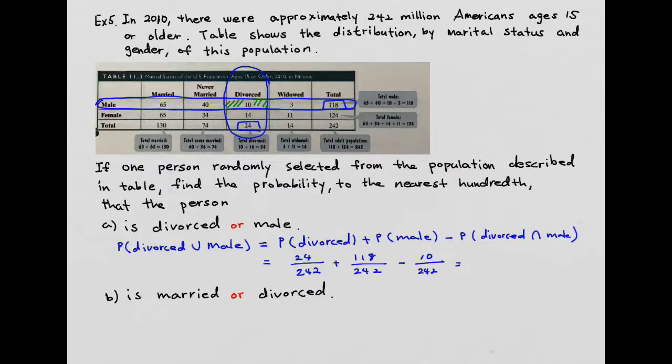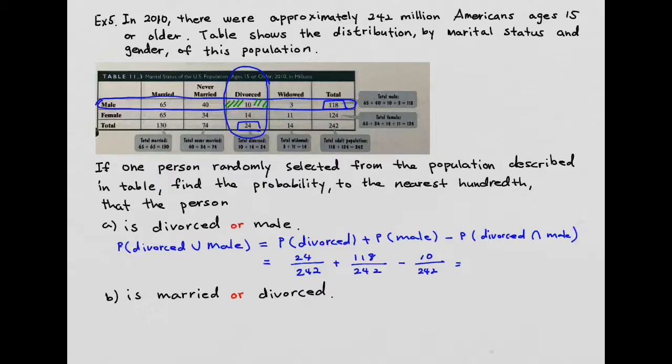That's what you need to subtract, because you end up using 10 twice if you just have these two. You use 10 here one time, divorce, right? And you use 10 here again, in the total number. So you're using 10 twice. That's why you're subtracting 10.